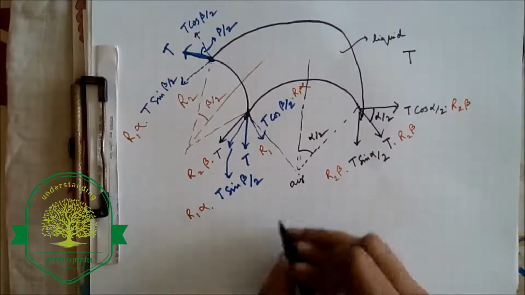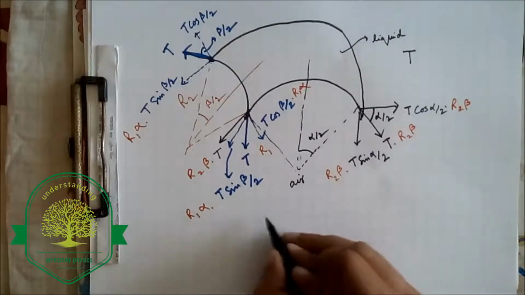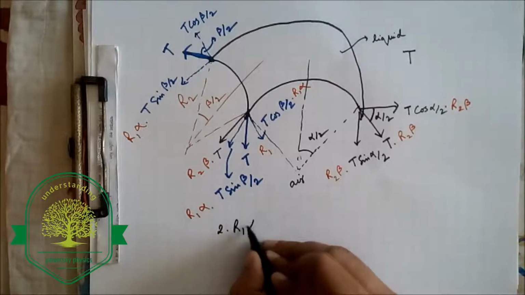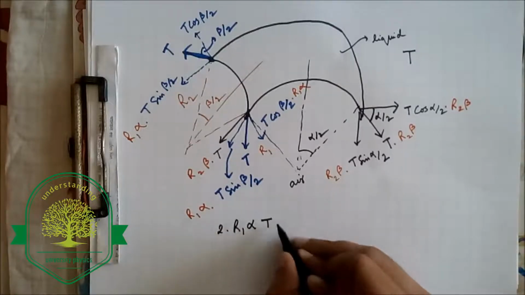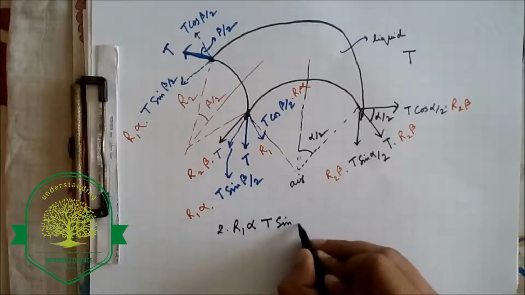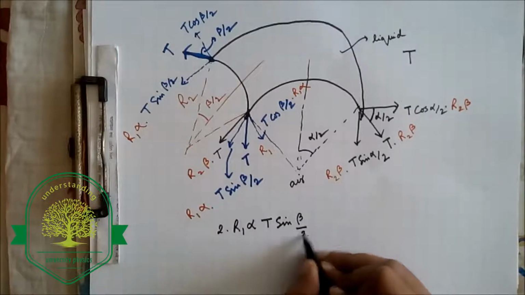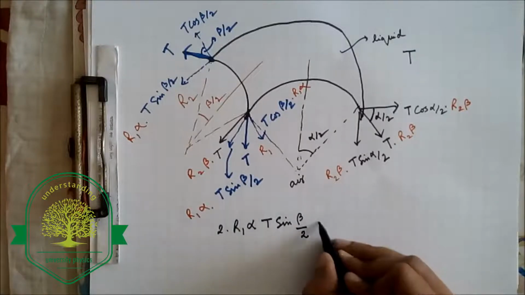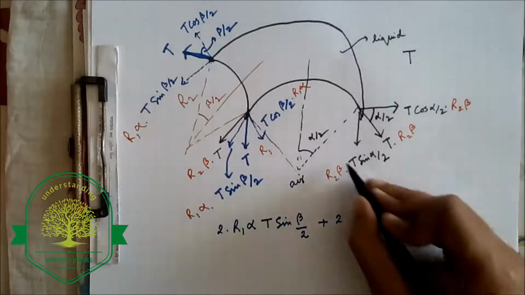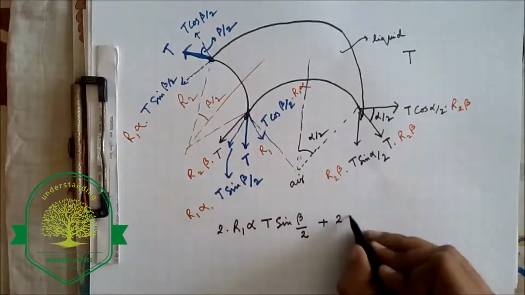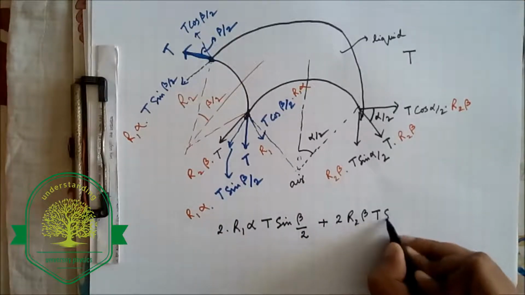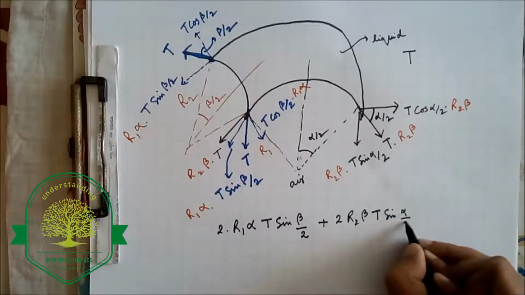So if I add up the forces, 2 times R1 alpha T sine beta over 2, I have just taken this, multiplied it with 2, plus 2 times this, R2 beta T sine alpha over 2.